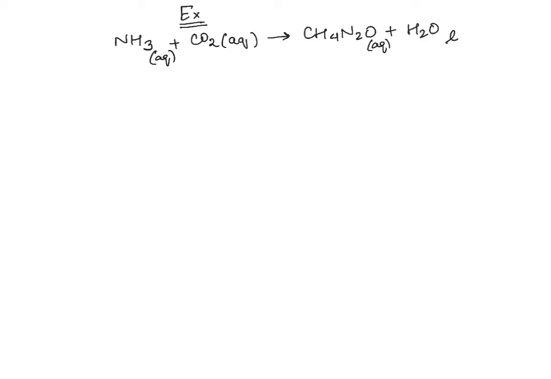This is just another example of another type of problem. NH3 plus carbon dioxide. So ammonia plus carbon dioxide. Ammonia is aqueous, carbon dioxide is aqueous, yields CH4N2O, which is aqueous as well, plus liquid water.